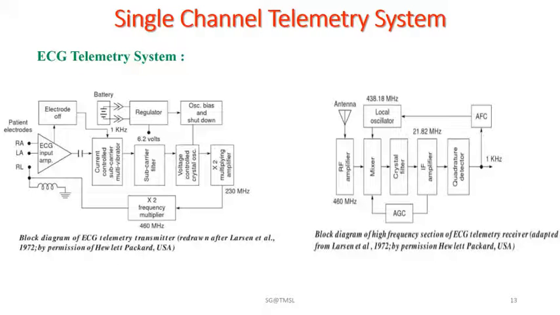In the case of the ECG telemetry system, ECG and cardiac output give sufficient information about the cardiovascular system. Two main parts are there, the ECG transmitter and the ECG receiver. Under the ECG transmitter, an ECG amplifier is there, a subcarrier oscillator is there, an ultra high frequency transmitter is available, and dry cell batteries are available.